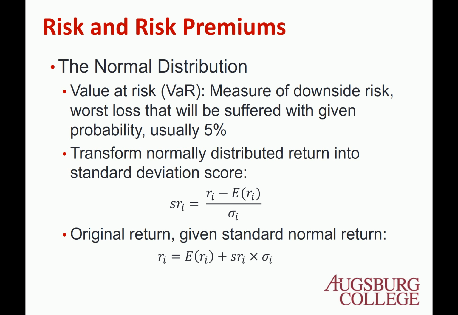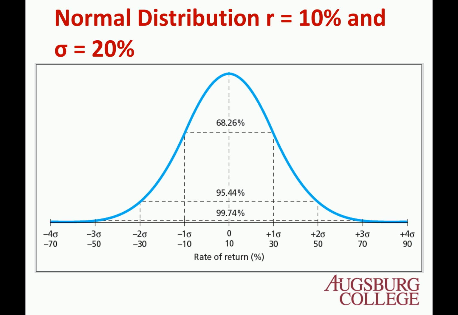Now, why are these two numbers so important? Because there's one typical probability distribution called the normal distribution. The normal distribution is a symmetric distribution, and this is the average.